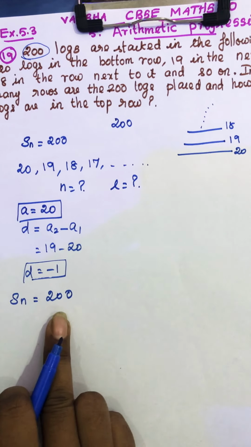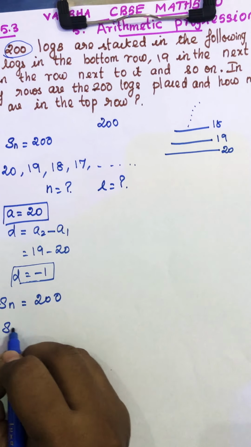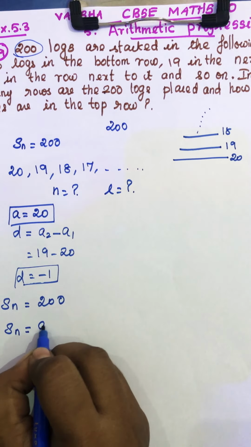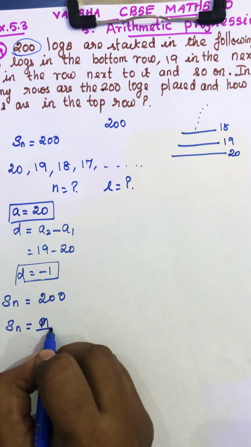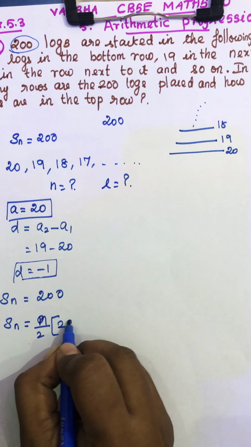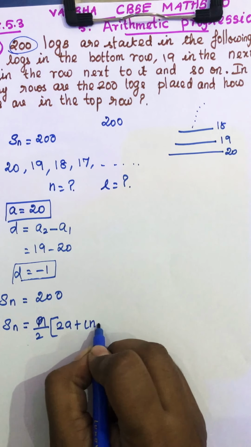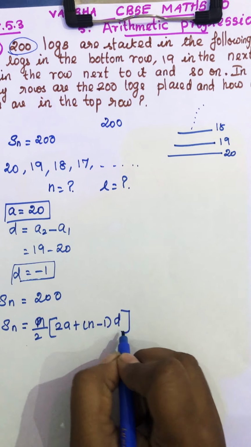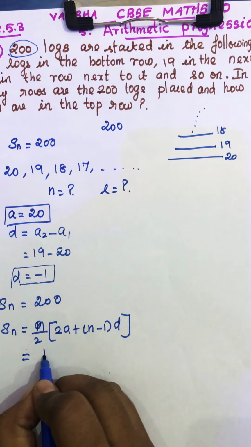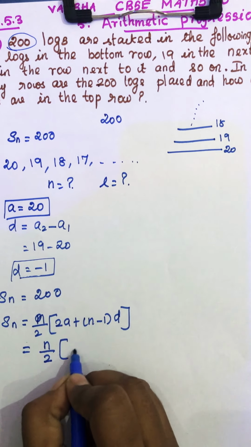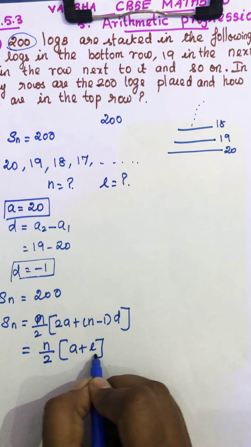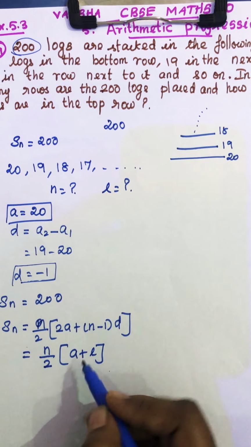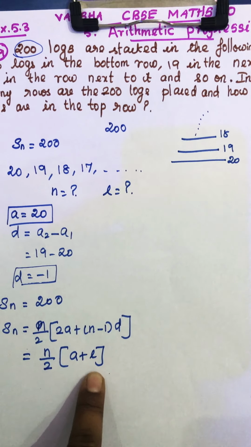Okay students, what are the two formulas? Sn is equal to n by 2 into 2a plus n minus 1 into d. This is one formula, and another formula is n by 2 into a plus l. In this sum we don't know the value of l.